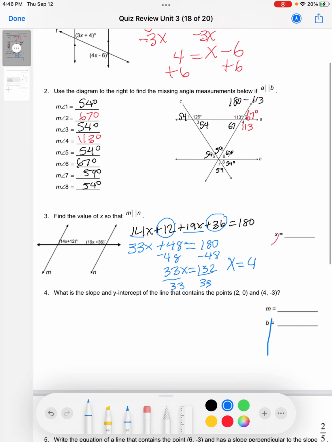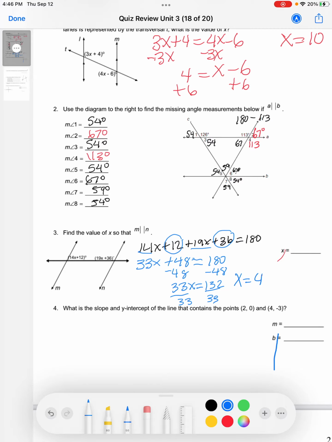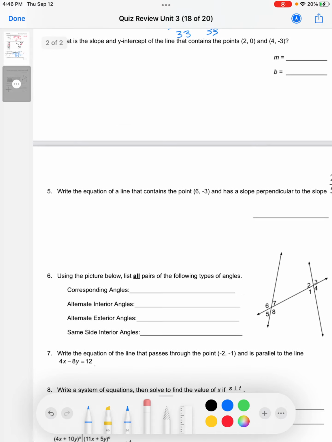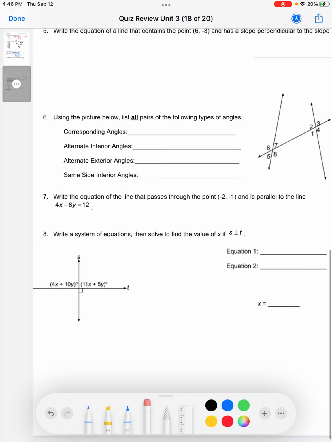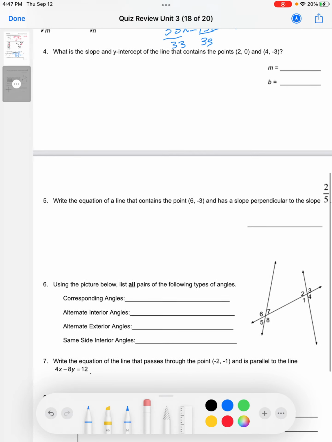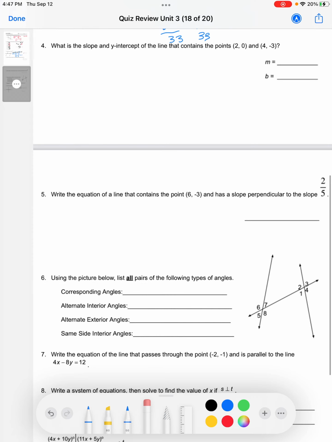Okay, number 4 says find the slope and the y-intercept between these two points. Let me move it up. What is the slope and the y-intercept of those two points? The slope formula is y2 minus y1 over x2 minus x1.